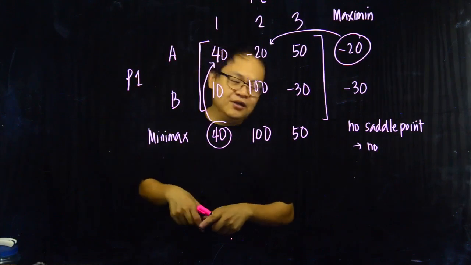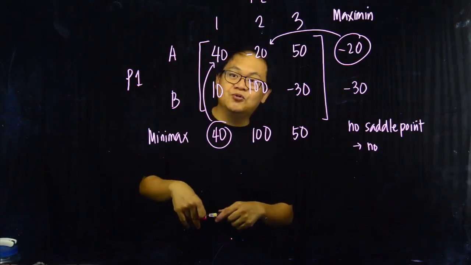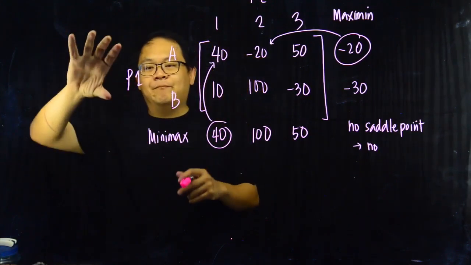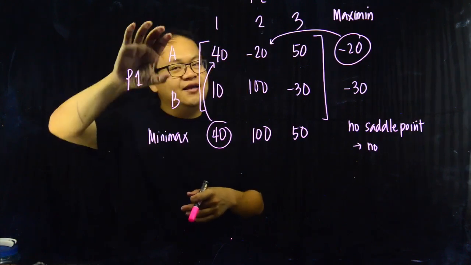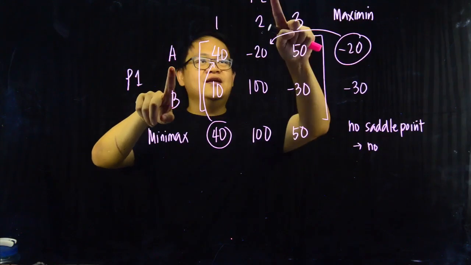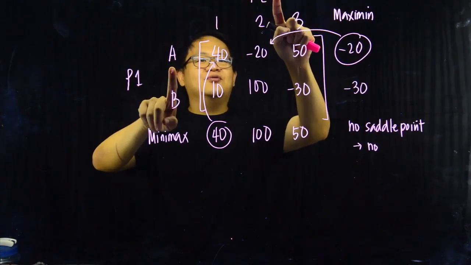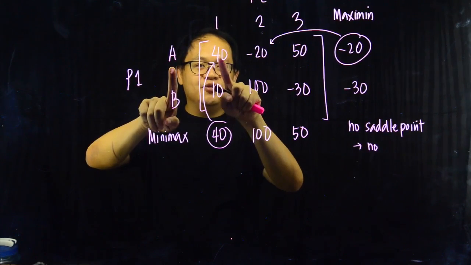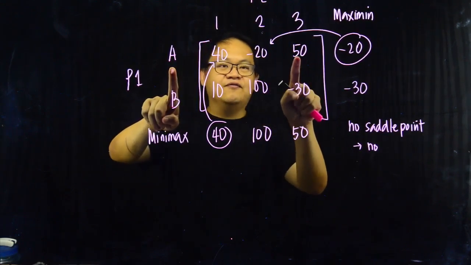Okay? Now, let's try to demonstrate that. Let's say I'm player 1 and I chose A. Now, because player 1 chooses A, if I were player 2, I have the choice between 40, negative 20, and 50.